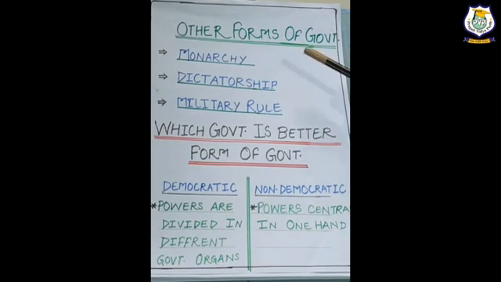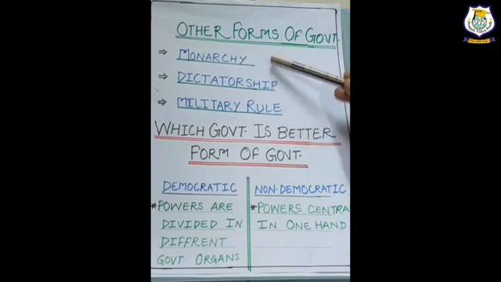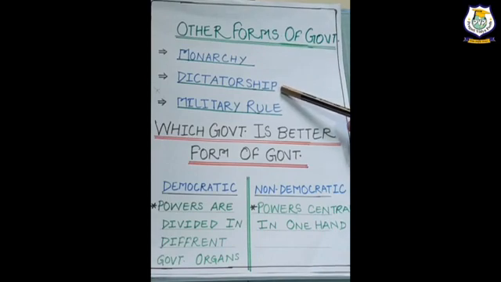No. We have other forms of government also, that is monarchy, dictatorship, military rule. Monarchy is a type of government in which a king or queen rules over the country. Dictatorship is a type of government in which absolute power is exercised by an individual or a small group of people.